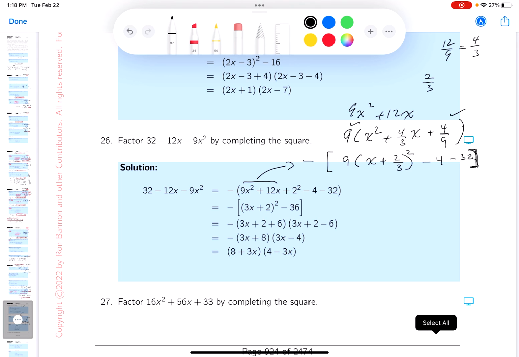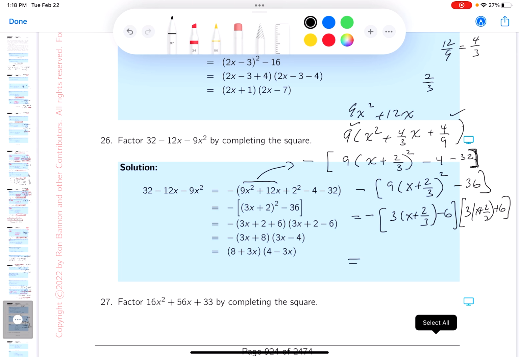I know this looks different to you, but it's really the same problem. What do you get? 9 times x plus 2/3 squared minus 36. It's still a perfect difference of perfect squares. Let's write this down. 3x plus 2/3 minus 6. 3x plus 2/3 plus 6.